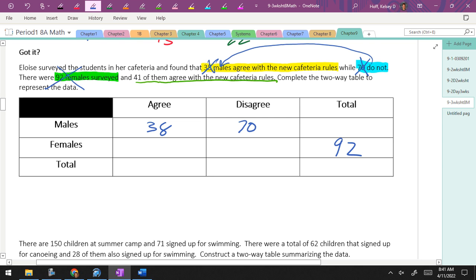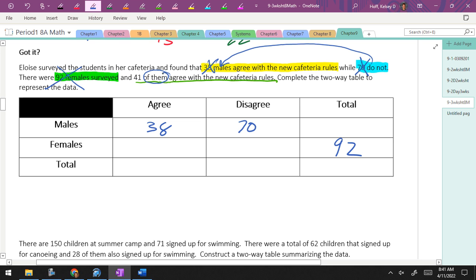And one more. Jack? 41. Where does 41 go? Read your sentence. 41 of them agree with the new cafeteria rules. Who's them? The females.